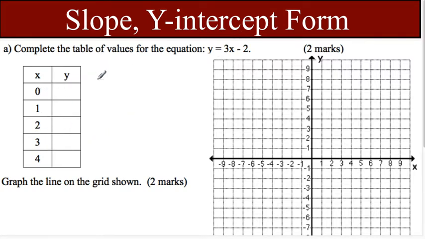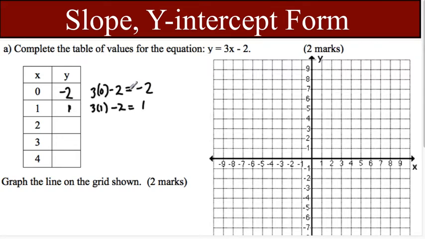So to figure out when x is 0, okay, so how I'm going to calculate y would be, it's 3 times 0, subtract 2. 3 times 0 is 0, subtract 2, so that's going to be negative 2. So y would be negative 2, and that corresponds with our y-intercept. Okay, or it's 3 times 1, right? When x is 1, plug in 1. 3 times 1 minus 2. That would be 3 minus 2, which is 1.